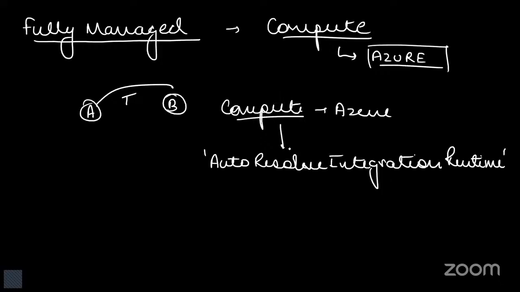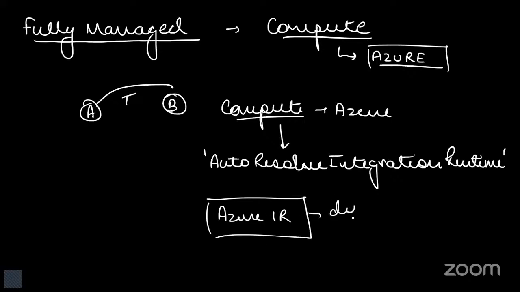This is nothing but the compute that Azure uses. We generally tend to call it Azure integration runtime, so Azure IR. This is the default compute that you get when you create a data factory resource, and this compute is responsible to process your data. Clear?